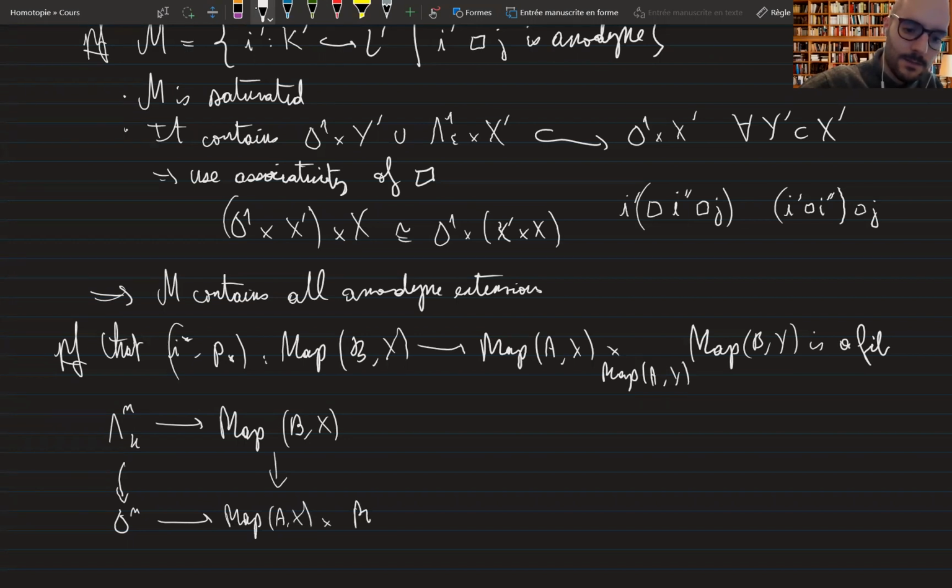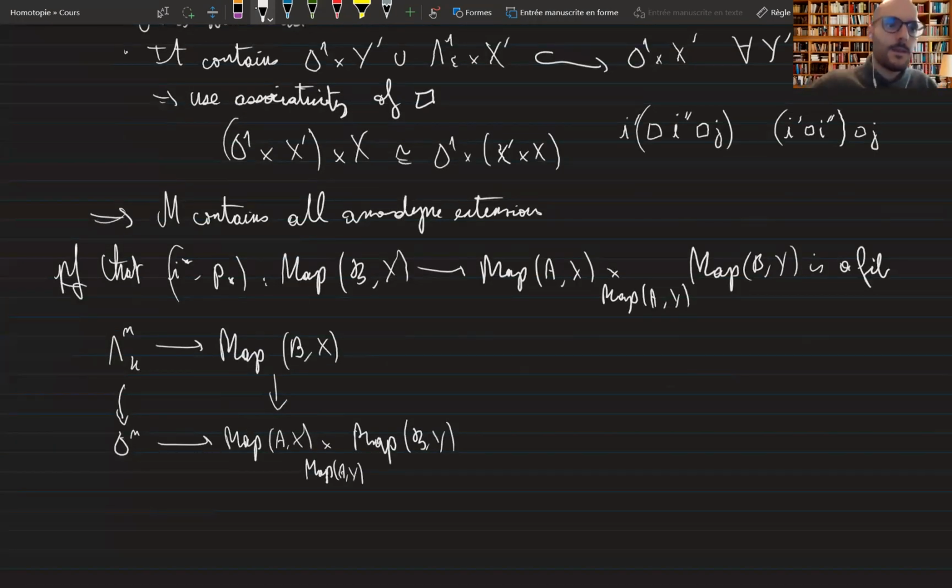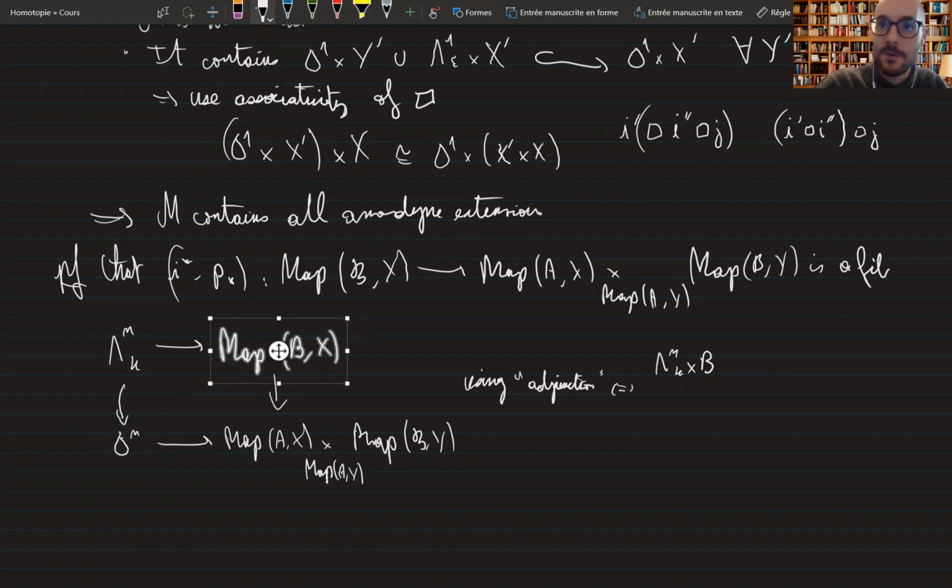All right, map Ax, map By, map Ay. Okay, we have to find the lift. But using adjunction, so the statement we proved before, this is equivalent to finding a lift in this diagram. And again, I encourage you to actually check that this is equivalent. You have to find a map from delta n into map of Bx such that two things happen.